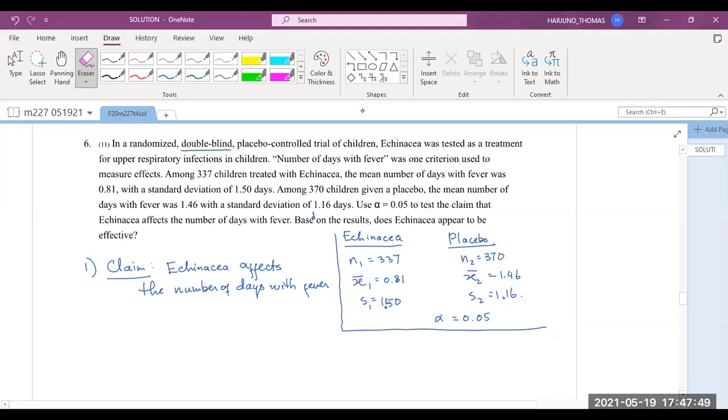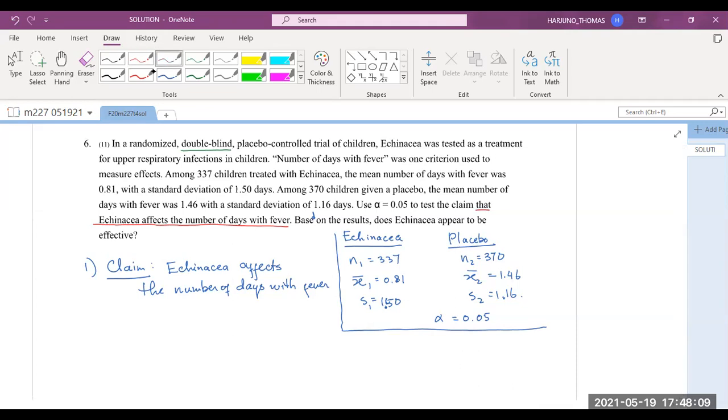Notice the following. The claim that we are testing is that the echinacea affects the number of days with fever. So affecting, maybe in the way of shortening that, maybe increasing that. Right?